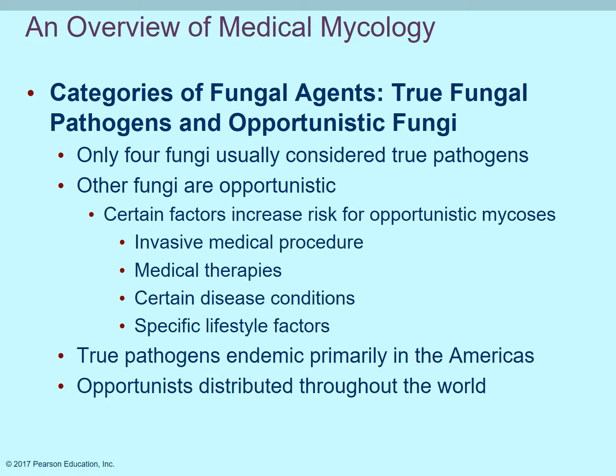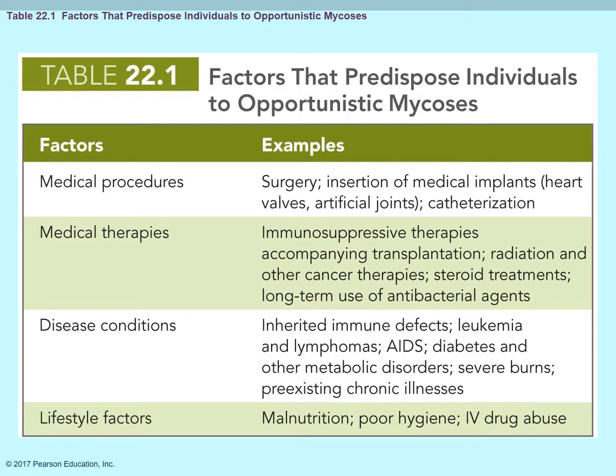The true fungal pathogens are usually endemic in the Americas. The opportunistic ones are going to be everywhere. So this table just shows what some of those risk factors are that can predispose an individual to picking up a fungal infection caused by one of those opportunistic fungi.